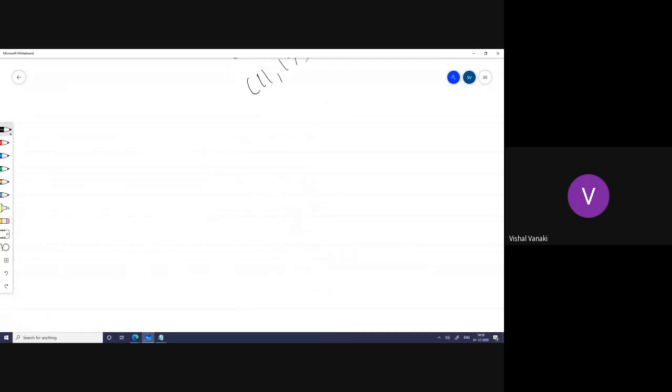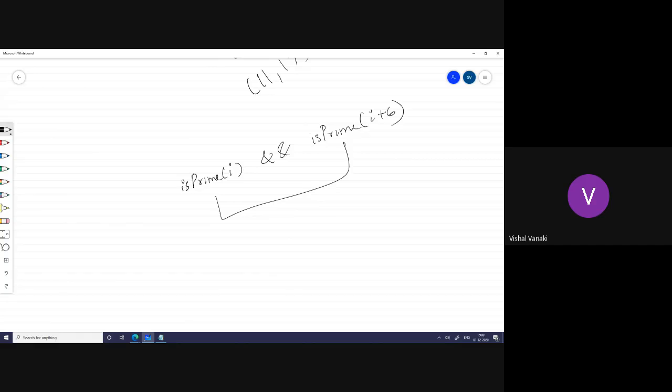see here, if isPrime of i logical AND isPrime of i plus 6. One of your friends was asking about logical AND. If both the conditions are true, or both return 1, then only the final condition becomes true.